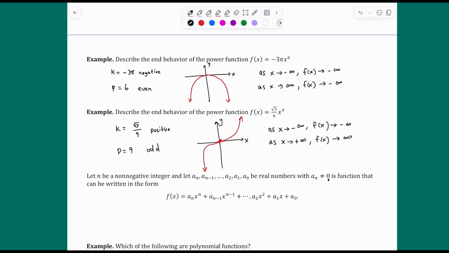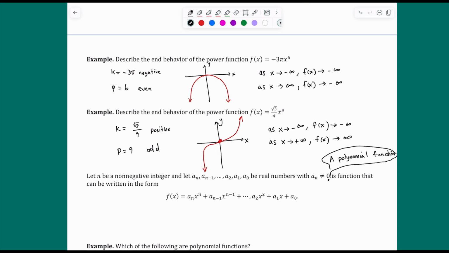This is one complete sentence. Let n be a non-negative integer, and let a sub n minus 1, a sub 2, a sub 1, a sub 0 be real numbers with a sub n not equal to 0. Then we say a polynomial function. Somehow that's missing out of the notes there. So we'll put that right at the beginning there.